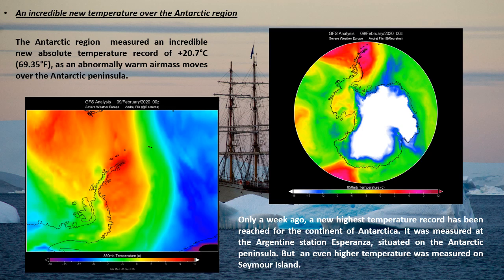This is because an abnormally warm air mass was moving over the Antarctic Peninsula. This temperature was recorded not in the proper Antarctic region, but in the tip of the Antarctic peninsula. It is close to the extratropical region, but not in the extratropical region.